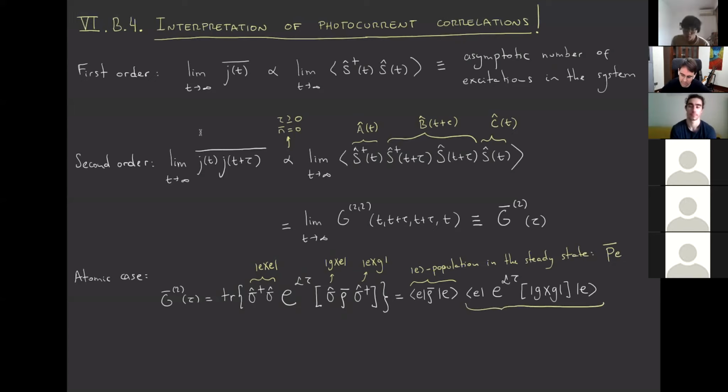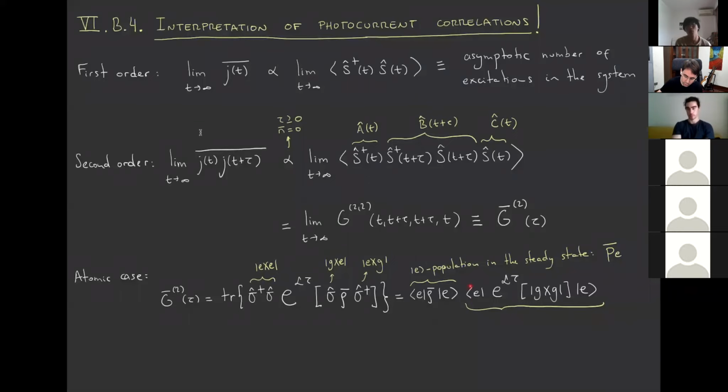This one in here is even more interesting, because look what this is telling you. This object in here is indeed a state, okay? And in particular it is the state that you get when you start from the ground state, because this is the ground state projector, and you apply the evolution during a time tau, okay? So you see that this whole object here, the object in between the excited state expectation value, is just the state at time tau, when you started at time 0 in the ground state.